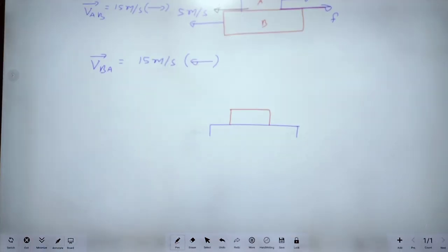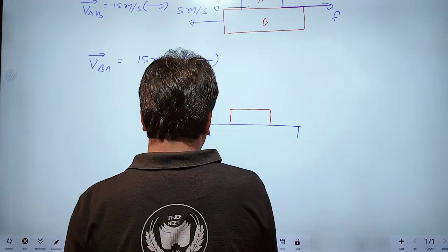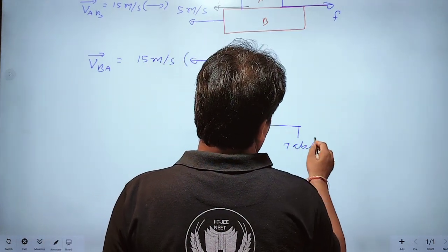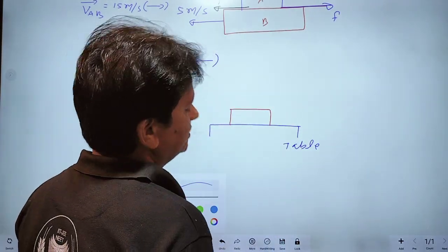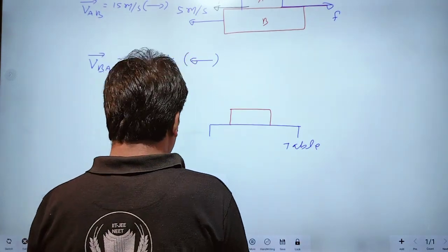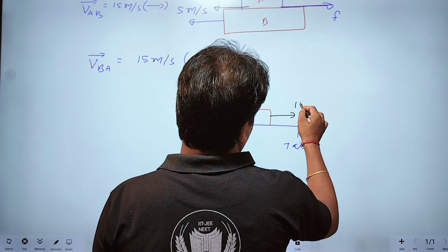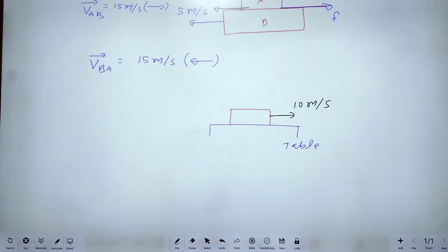Let us consider a block kept on a table. This is the table and this is the block. The table is at rest with respect to the ground, but this block is moving with 10 meters per second with respect to the ground.